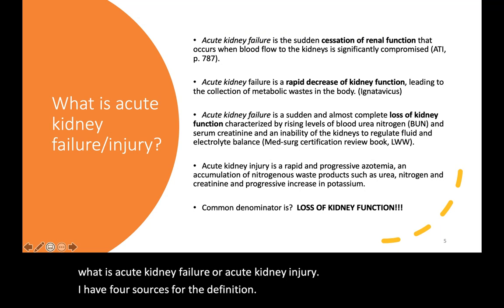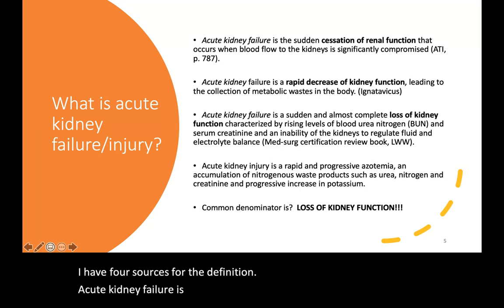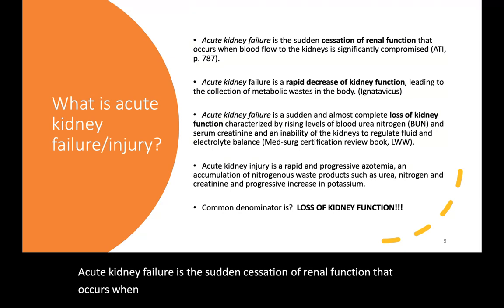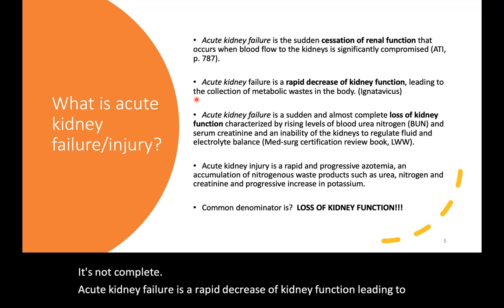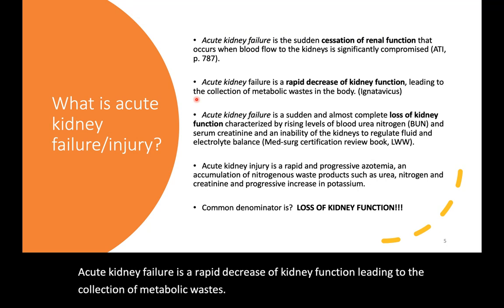Acute kidney failure is the sudden cessation of renal function that occurs when blood flow to the kidneys is significantly compromised. That is true, but it's not complete. Acute kidney failure is a rapid decrease of kidney function leading to the collection of metabolic wastes in the body.